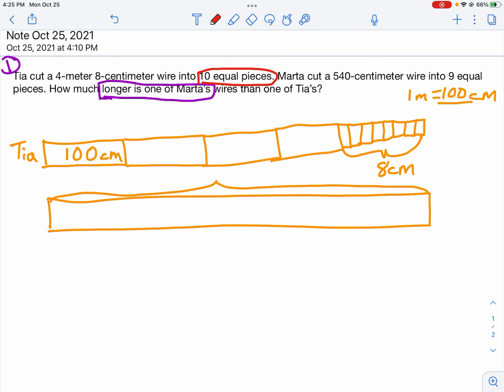Now you might be saying, but Mr. Valdemar, how are we going to know how much it is? Well, you can show this by showing 10 equal pieces. Truthfully, something that I would have done maybe is to put 10 equal pieces in each one of the 4. Then I know that each piece would be 10 centimeters each.